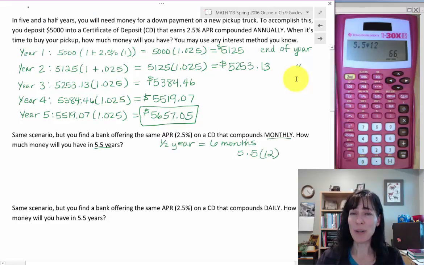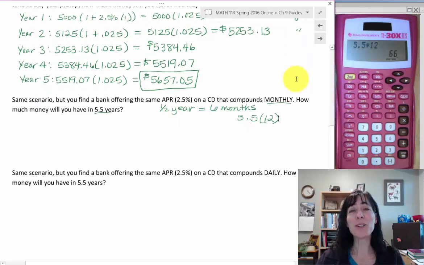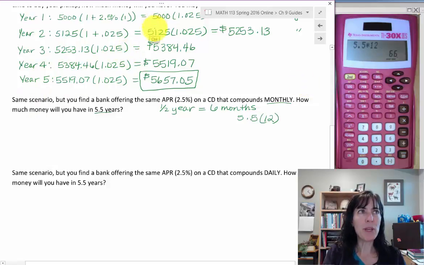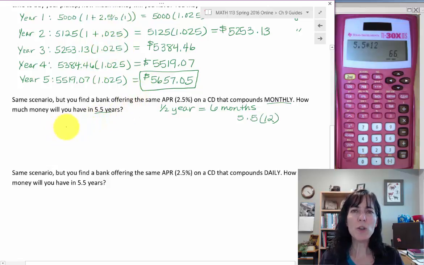I, for one, have no interest in doing that, so I would like to show you a quicker way. If we work out a formula for this, because you notice that we're doing the same thing every time, this 1.025, and we can think of it as times itself, 1, 2, 3, 4, 5 times, so to the 5th power.